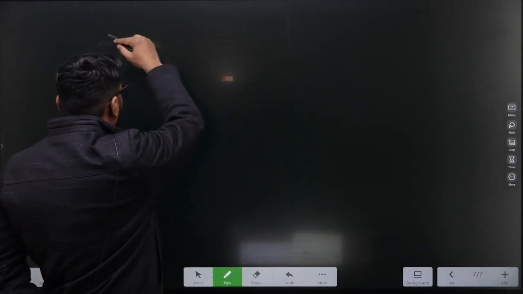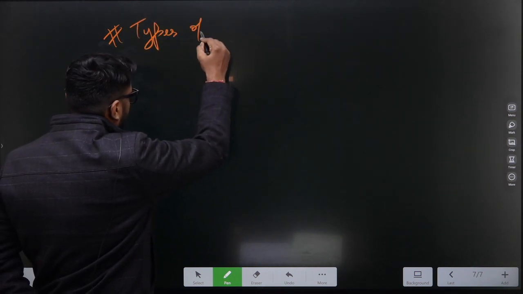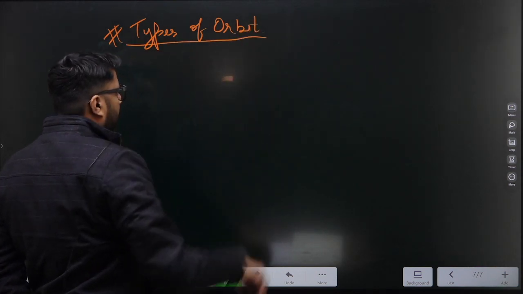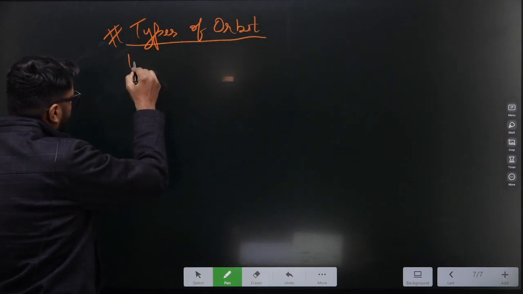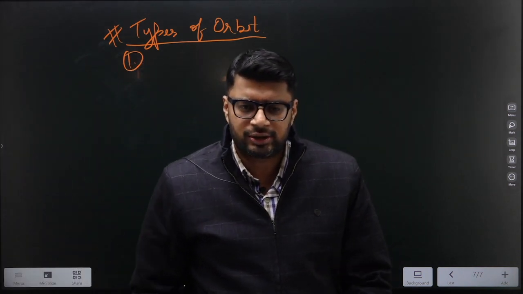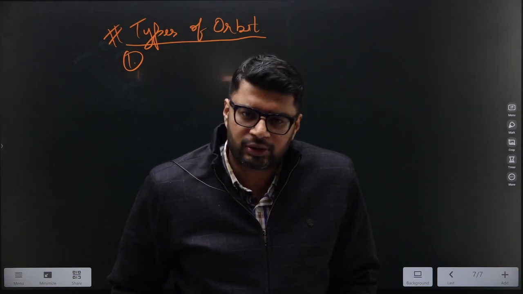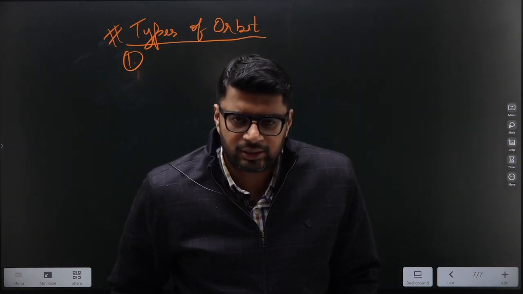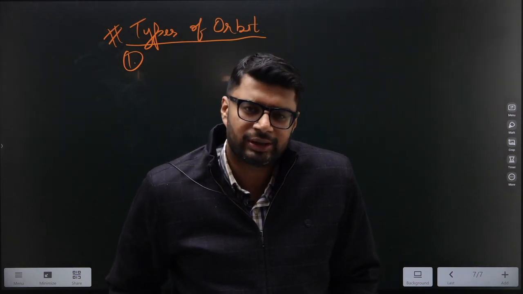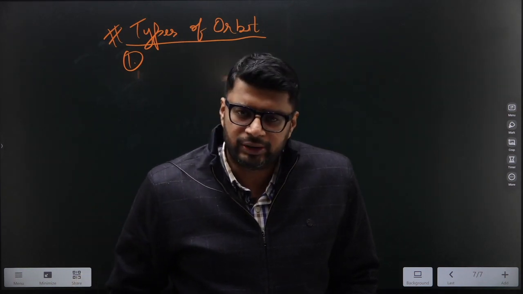So what are those orbits? Different types of orbit. Various scientists and researchers divided space into various orbits to understand the Earth, the expansion of the universe, and also to explain the Big Bang theory.